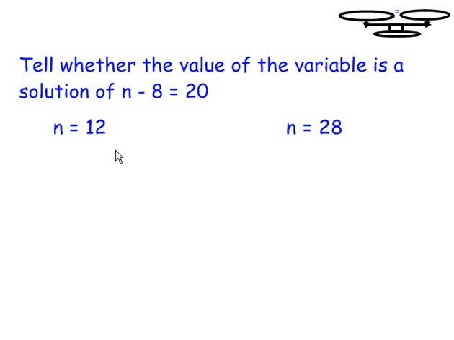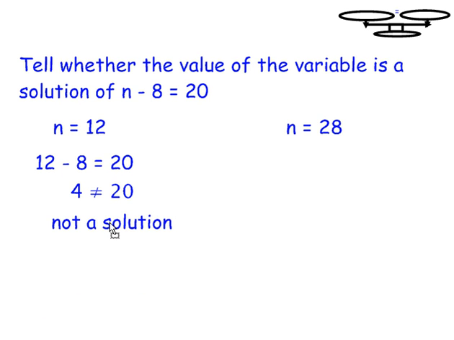We'll start by plugging in 12 for n, and we get 12 minus 8 is equal to 20. Well, 12 minus 8 gives us 4, and we know that 4 is not equal to 20. If you're thinking about that balance scale, this one does not balance. So if you use n of 12, it is not a solution to this equation.